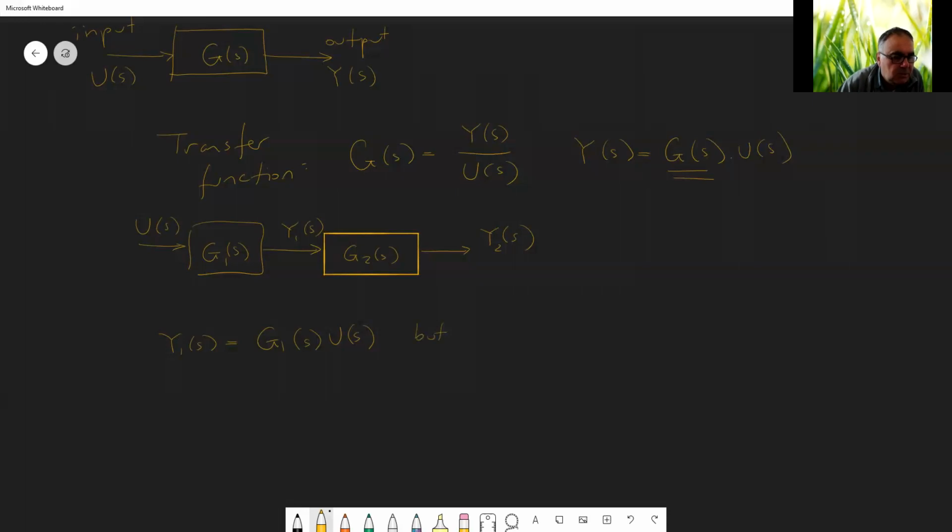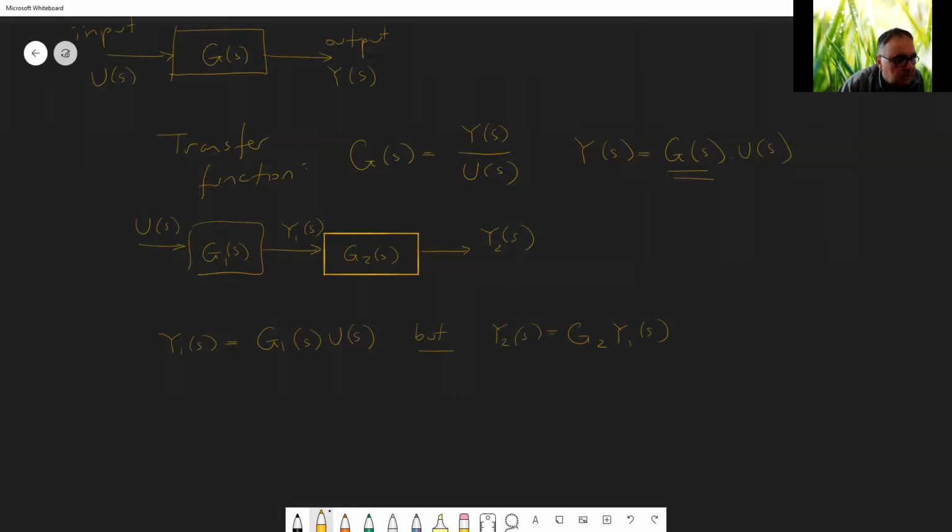But then Y2 of S equals G2 times Y1 of S, as you see. This second output is G2 times the first output.